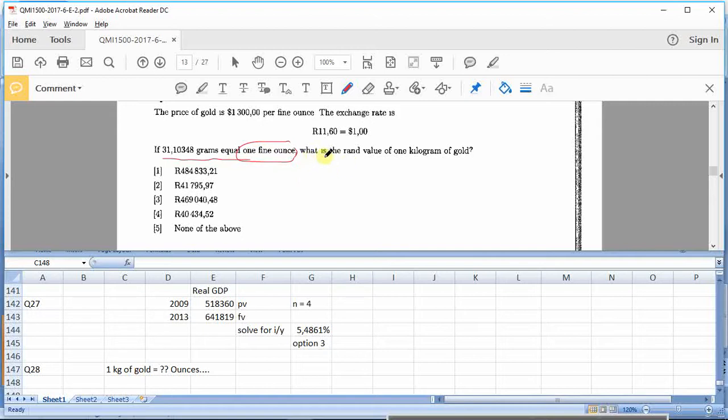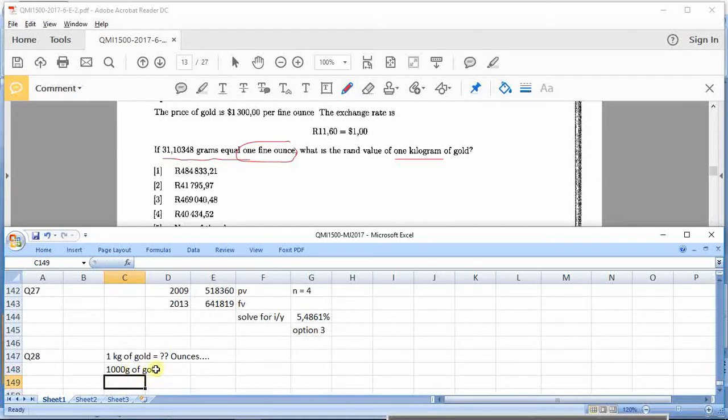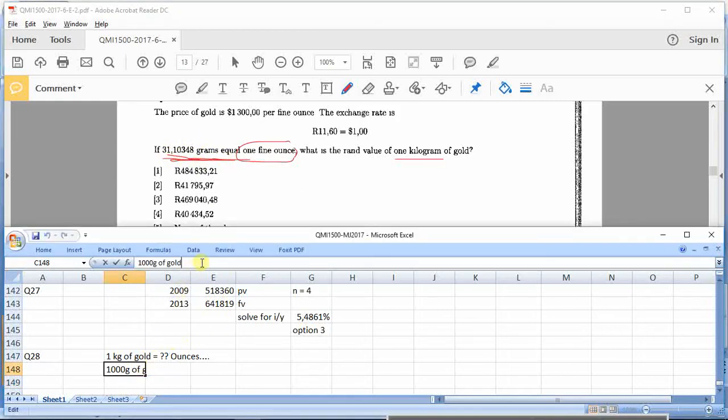So 1 kilogram of gold is 1,000 grams of gold. Do you agree? Yeah. Okay, 1,000 grams of gold. Divide that by this: 1,000 grams divided by 31.10348 grams per ounce will give you the number of ounces.